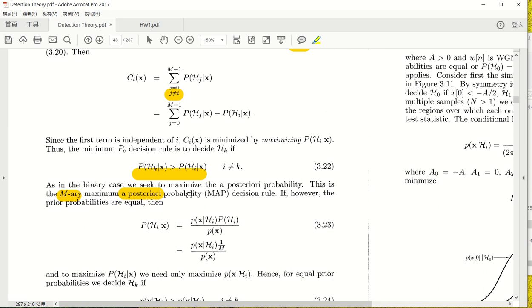Okay, so a posteriori is the decision that you do after observation. So we call it maximum a posteriori probability. Then it will be simplified as MAP.